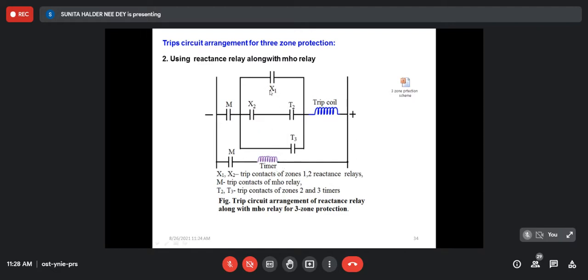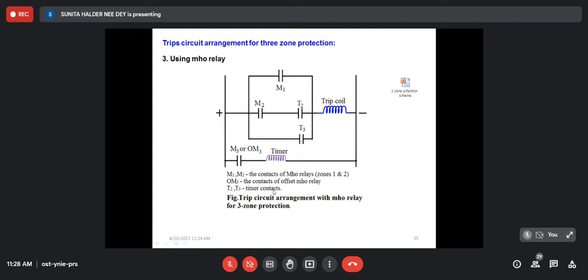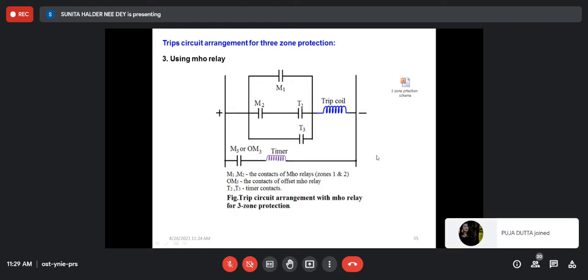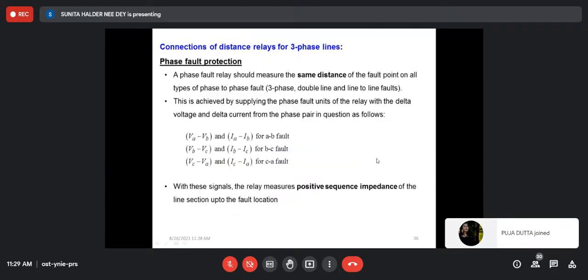Since a reactance relay cannot operate alone, we need either a mho relay or a distance relay. If it is a mho relay, then these two relays are sufficient. We have no need of a distance relay, because in that case the mho relay has its own distance identification feature. So in this way, we can set the three zone protection.